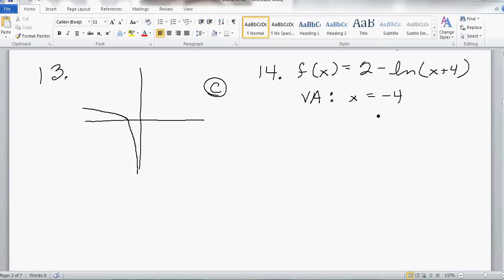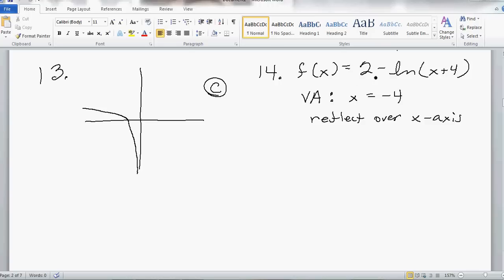So I've got a vertical asymptote at x equals negative 4. That, in essence, is your shift, your left or right shift. Now this negation here, since it's negating the logarithm, means it's going to reflect over the x-axis.